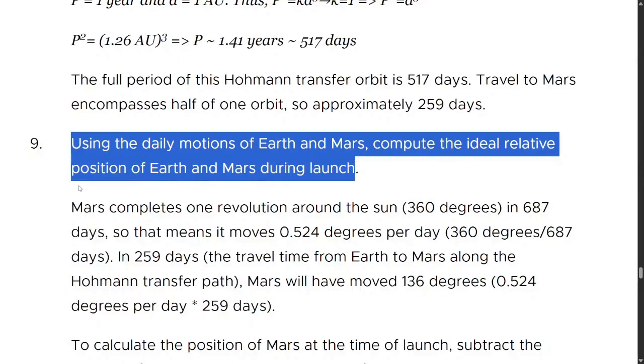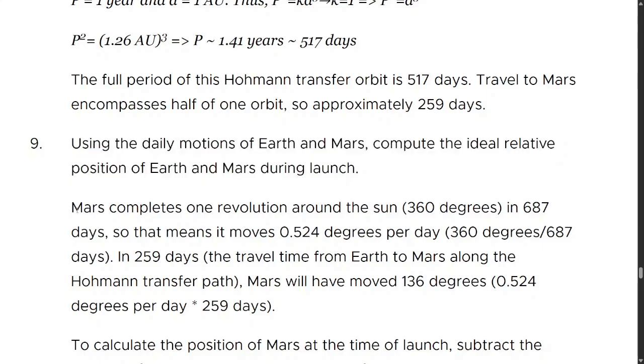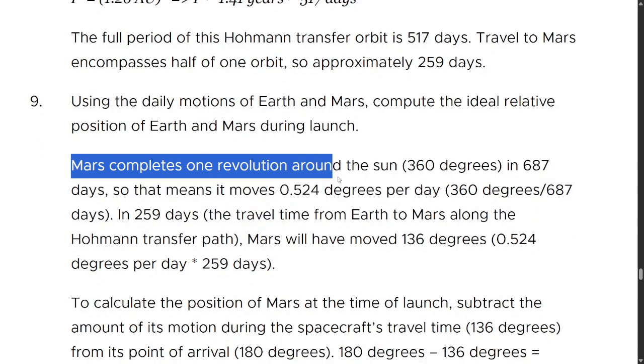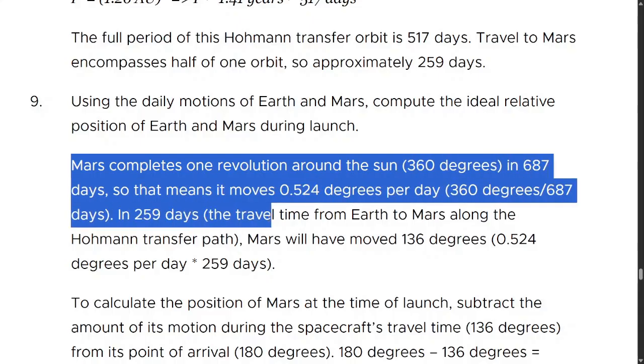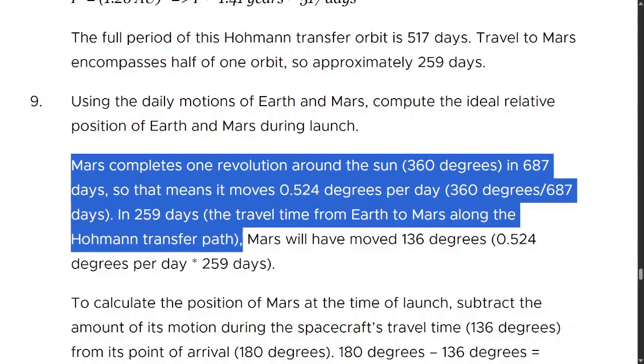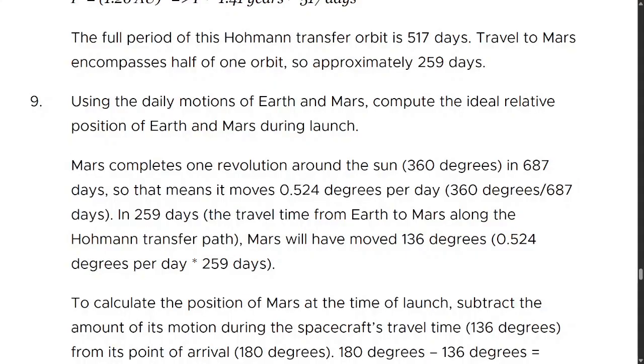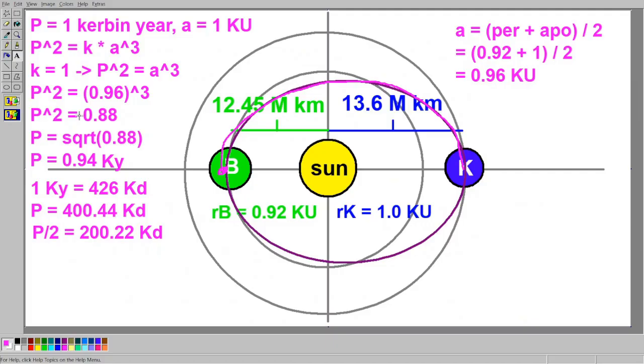Okay, so basically, Mars completes one revolution around the sun, 360 degrees, in 687 Earth days, I think. So that means it moves 0.524 degrees per day. Okay, in 259 days.